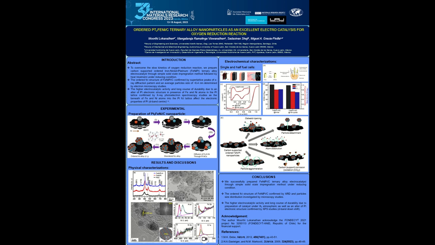Now let's see the electrochemical characterizations. First of all, we discuss the single and half fuel cells. A single hydrogen fuel cell consists of an anode and cathode with a polymer electrolyte membrane in between, which we call an MEA, membrane electrode assembly. Our research work is focused only on the cathode oxygen reaction activity.